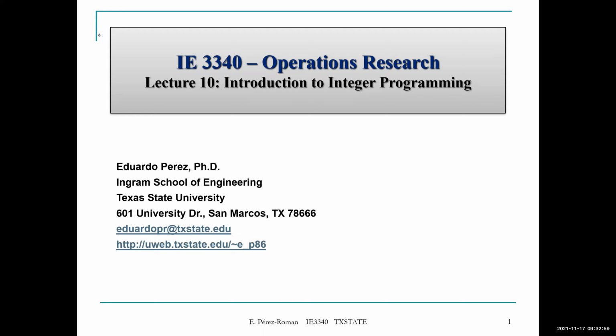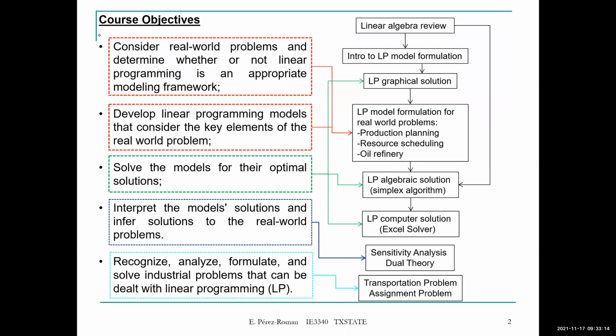So far, again, we were focusing on problems that have decision variables that were allowed to be fractional numbers. Now we're going to focus on problems that are forcing your decision variables to be integer. These slides go through the objectives of this semester, and as you have seen so far, I have been linking those objectives with what we've been doing in class.